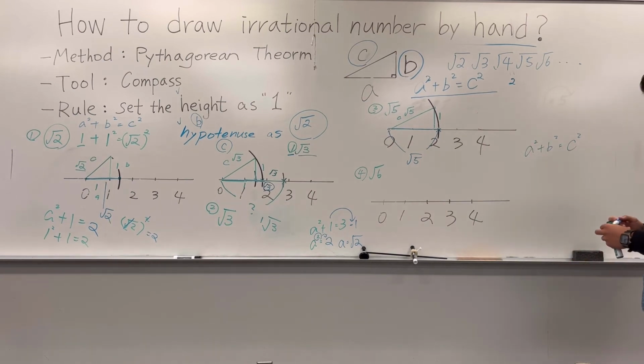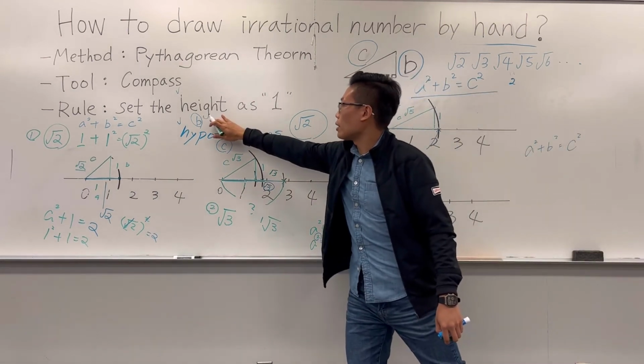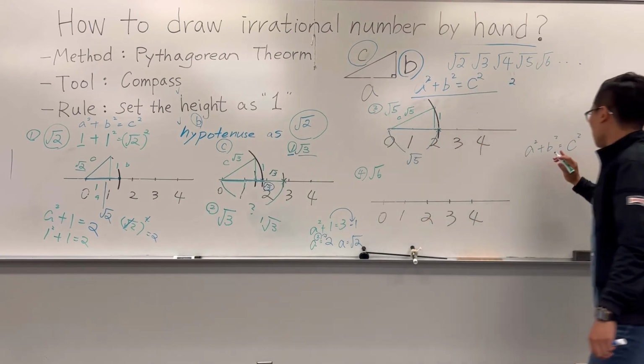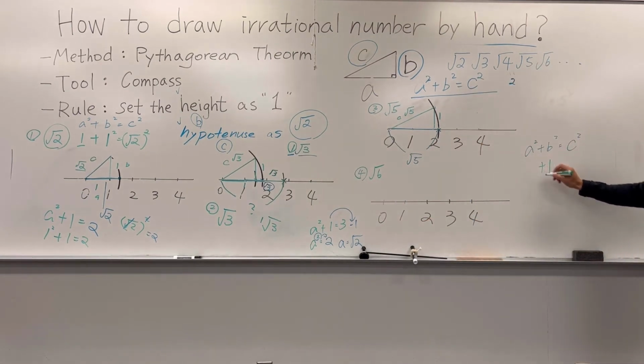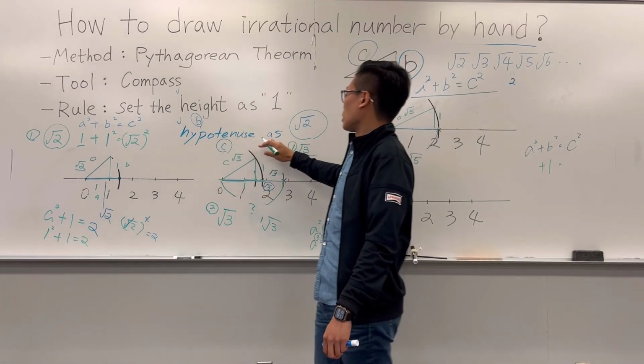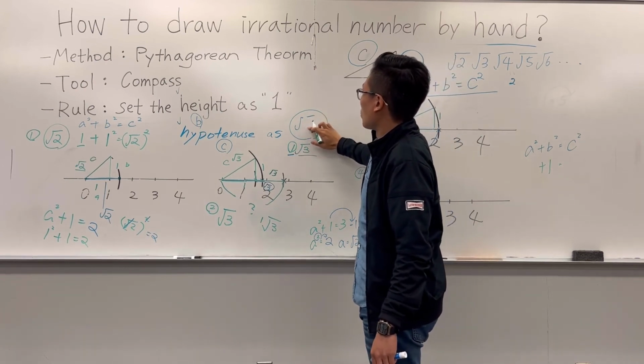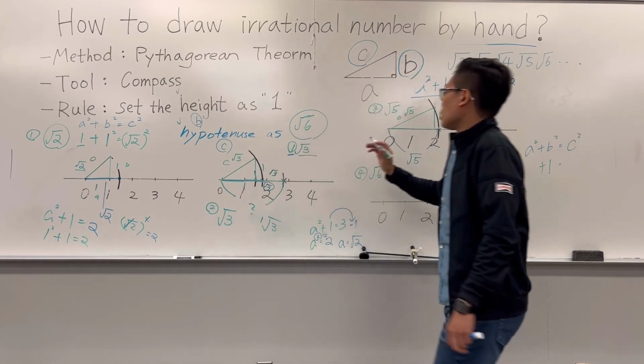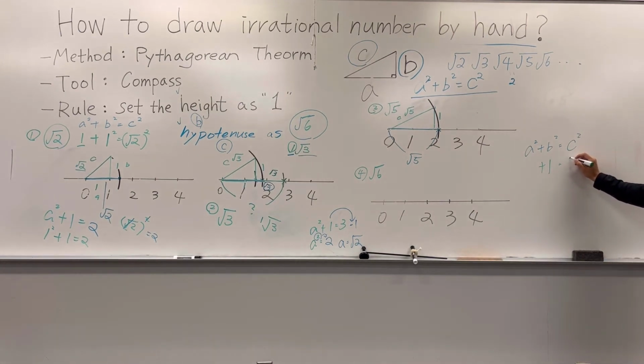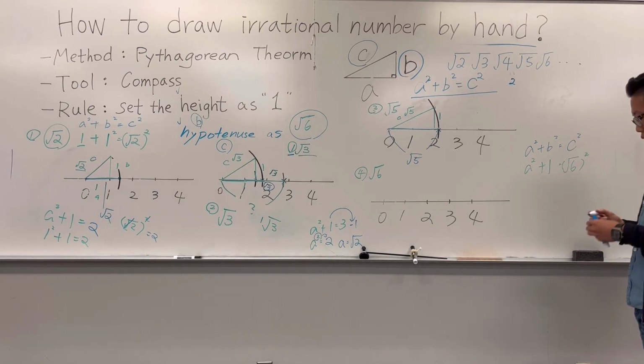Okay, Pythagorean theorem formula. Now, again, set the height, which is b, as 1. The hypotenuse is the number we are going to draw, the square root of 6, right? So at c, we put down the square root of 6, squared, and we are looking for a squared.